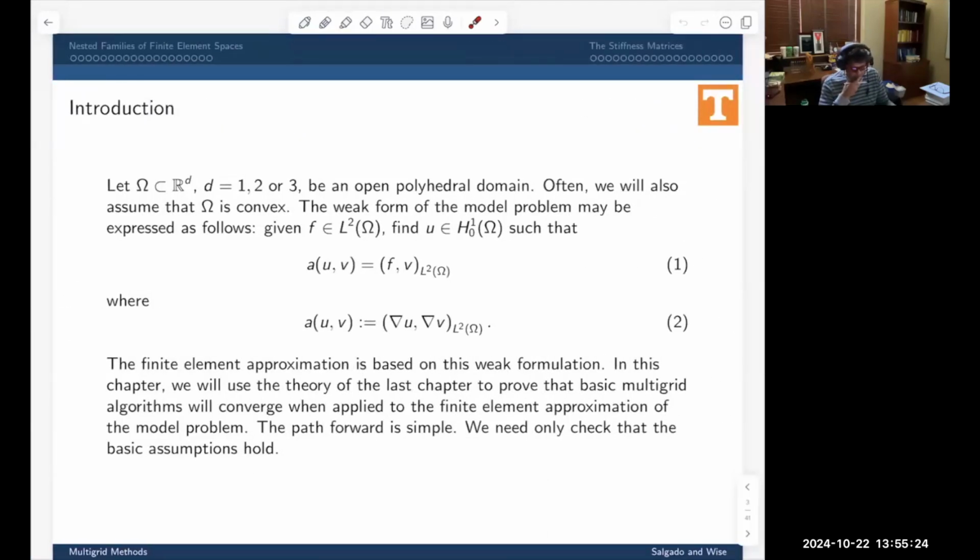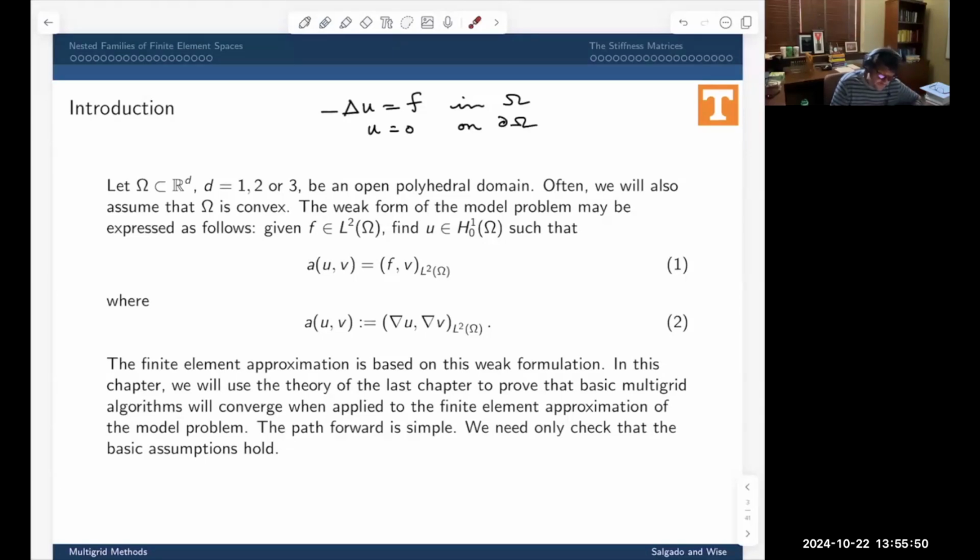So let's remind ourselves what we're trying to solve here. What I want to solve is this problem: minus Laplacian of u equals f in some nice, whatever that means, domain omega, with u equals 0 on the boundary of omega.